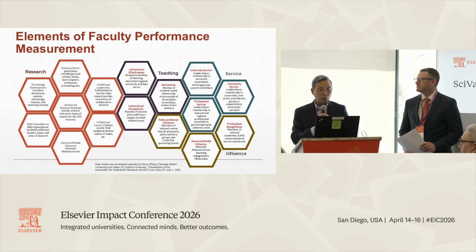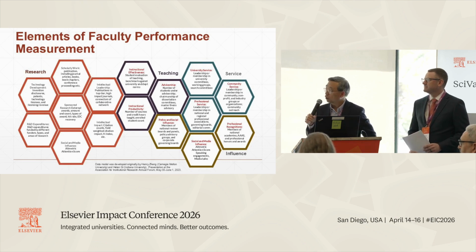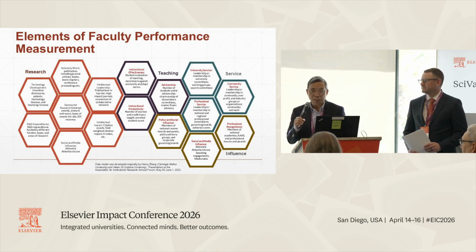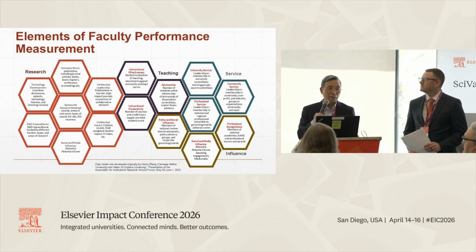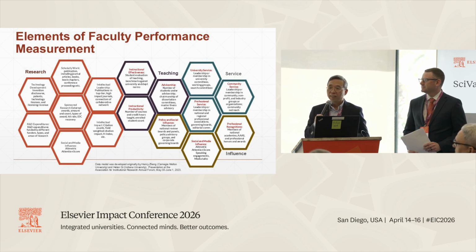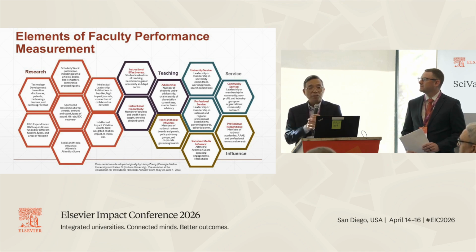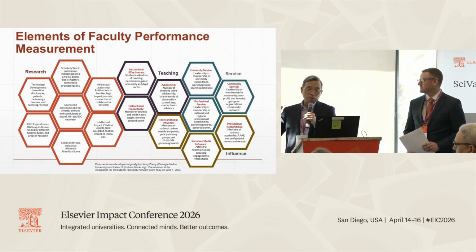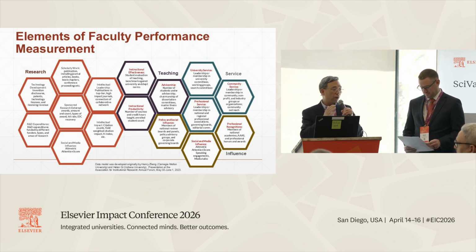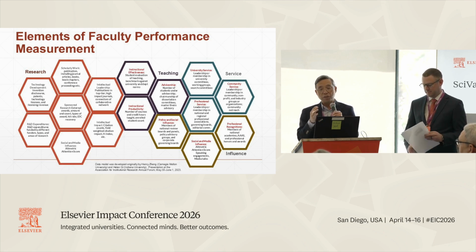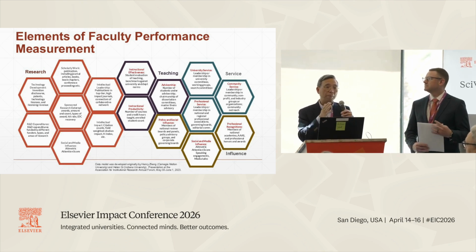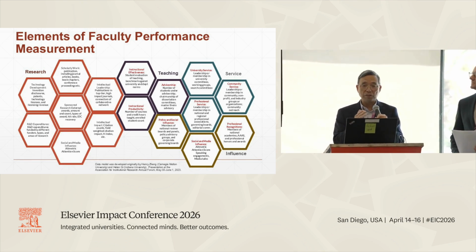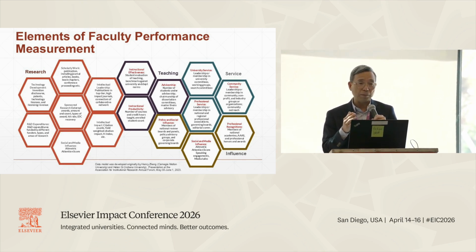So let me go quickly to our conceptual model. I don't know if you can read it very easily, but send us an email and we'll send you the slide deck. Without looking at the detail, we can see that from a faculty performance evaluation standpoint, there are 4 big buckets of indicators from an organizational assessment standpoint.